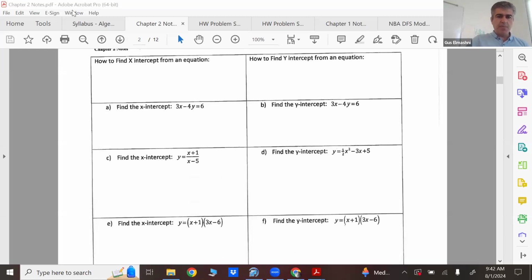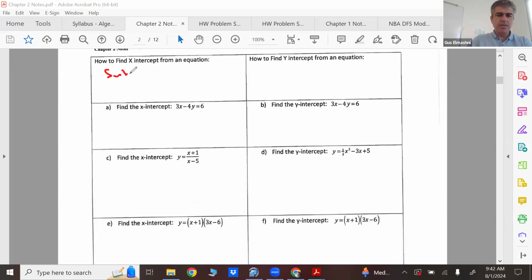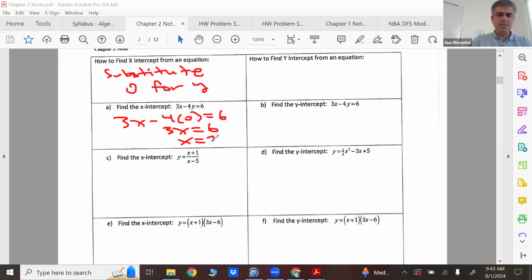So how to find an x-intercept, pretty simple. I said this in the video. Or let me write it like this. Substitute 0 for y. There you go.